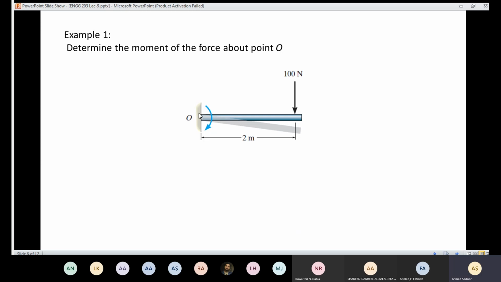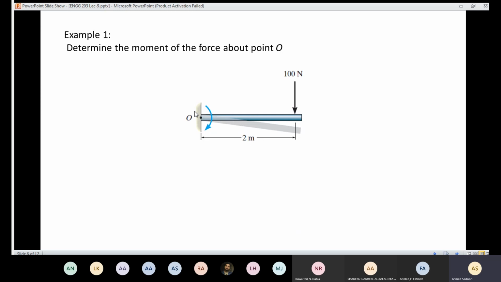So here I have a point O, I have a body here, and I apply a force equal to 100 Newton. So we have 100 Newton at the end of that body, and the distance here is 2 meters.